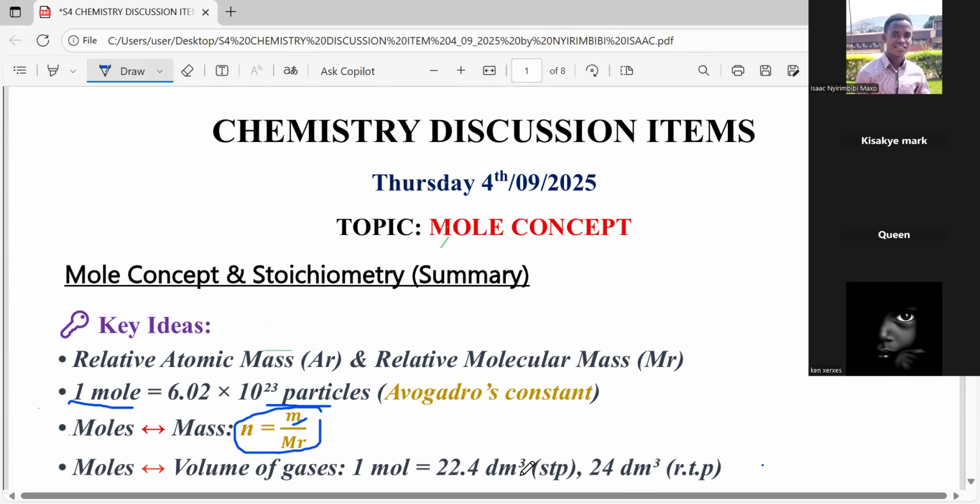At STP, 22.4 decimeter cubed. We need to note this. While at RTP, it occupies 24 decimeter cubed.